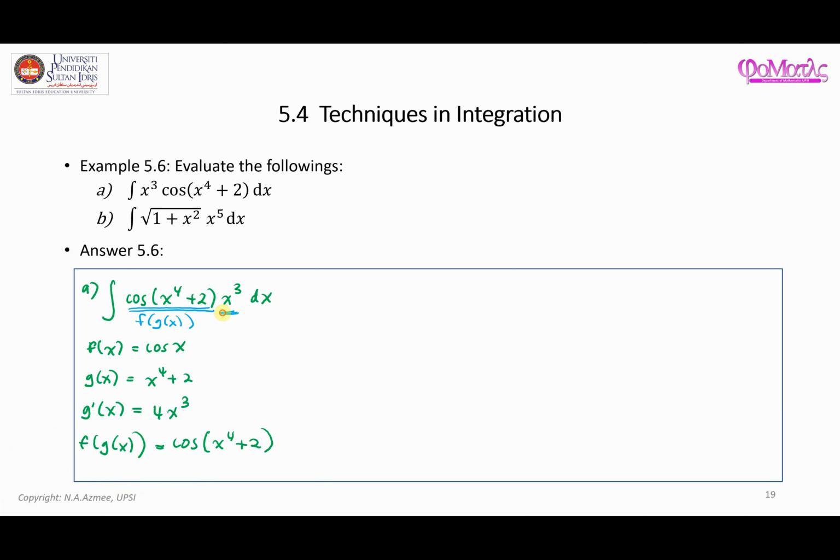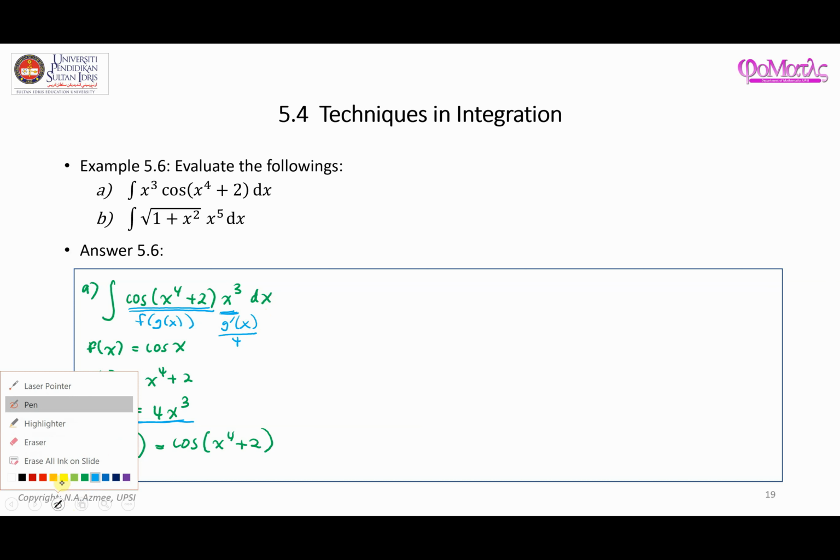Then x cubed here is actually g prime x over 4. It doesn't matter, but you can get this in terms of g prime x and dx. Because of this, you will be able to use the substitution method.